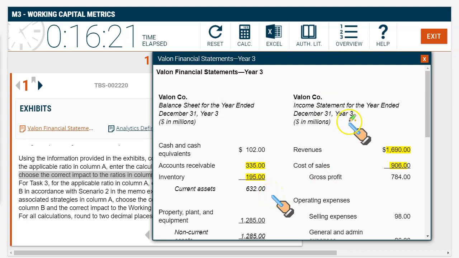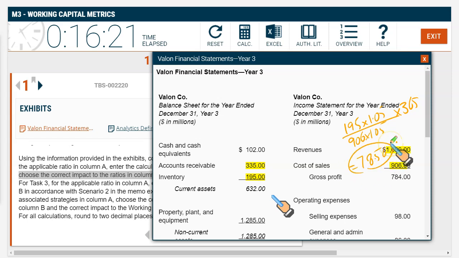It's going to be 195 increased by 5% as per the second scenario, and your cost of sales, which is 906, we need to increase it by 1.05 as well, and multiplying by 365, it will give us the same result as we calculated previously in the first task. It's going to be 78.559 or simply 78.56.